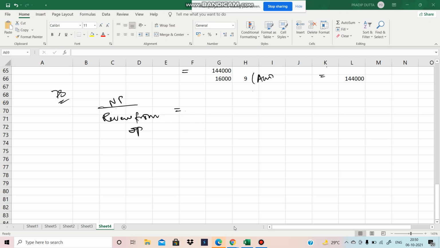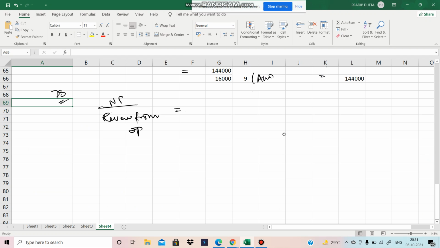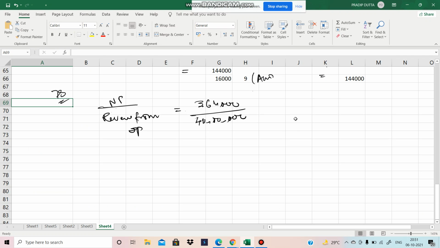We have a net profit of 3,64,000 and the sales is 40 lakhs.